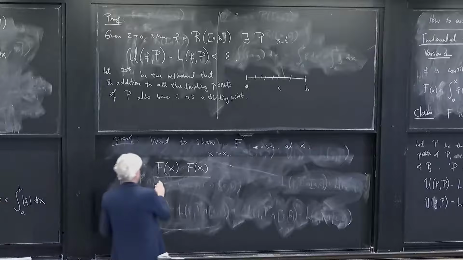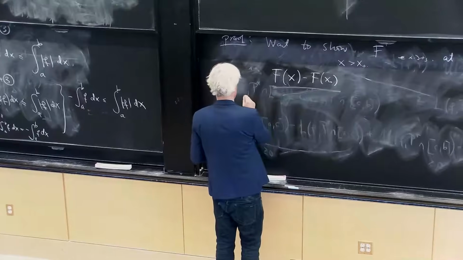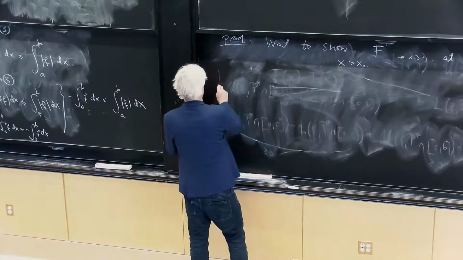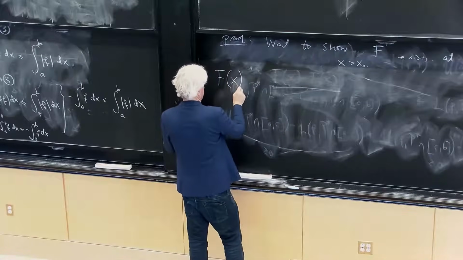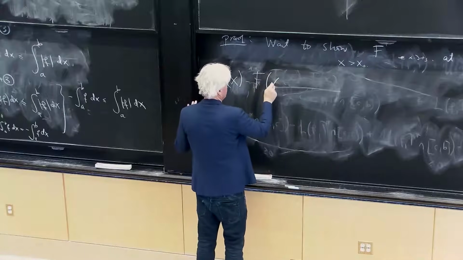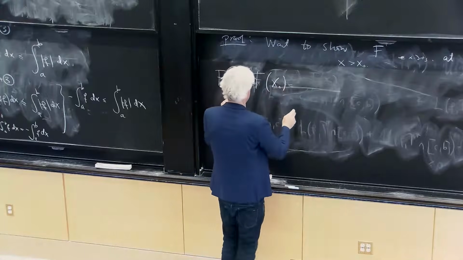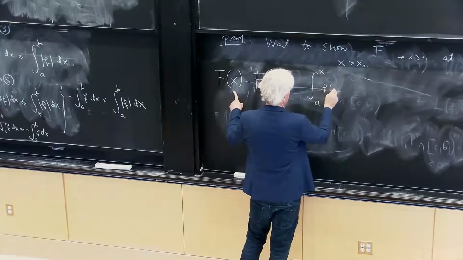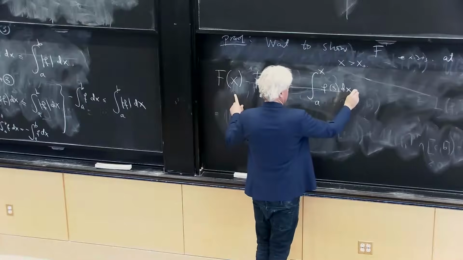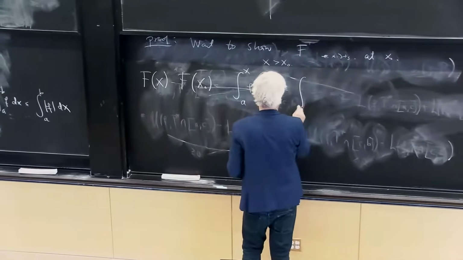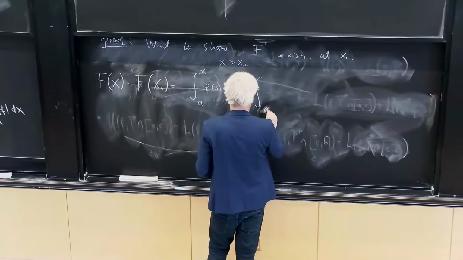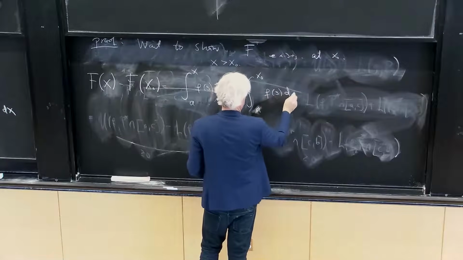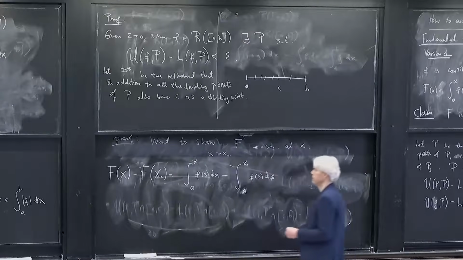Well, this difference here, let me just write it over here so I have a little more space. So this difference here, the first term is the integral from a to x of f of s ds, and this other term is the integral from a to x0 of f of s ds, right?